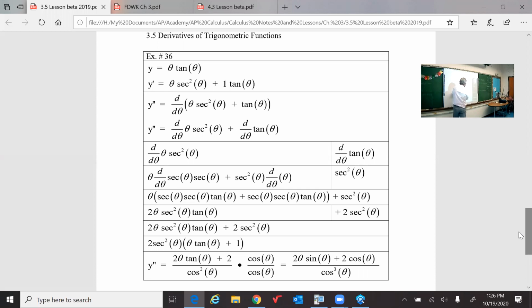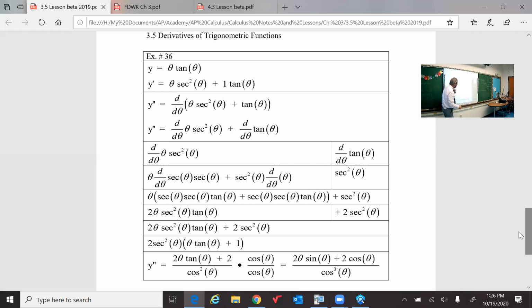Plus, ready? The second term, which is secant times the derivative of the first term, which is secant tan. Plus this secant squared theta times the derivative of theta, which is 1. So these two add up to this. Combine your like terms, and you're here. You got this far, you're good.